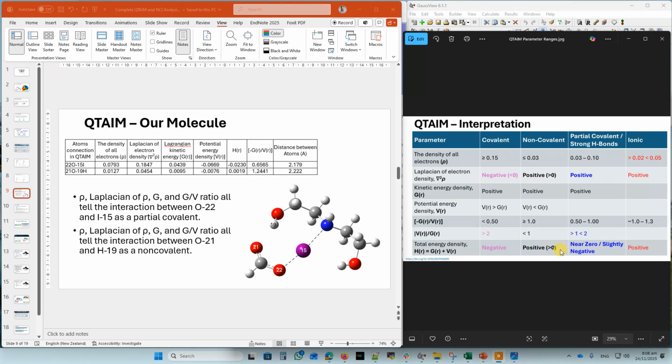So it is not very clear if you just look at this value. But then if you look at the value of this ratio, it is 1.2. So yeah, it's also in this region. Sorry, I'm looking at this one. It's this one. So it is here, not here.